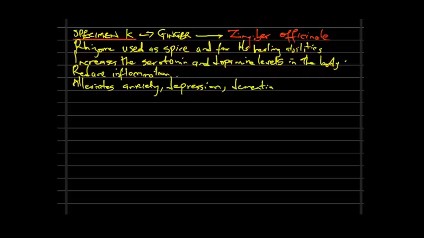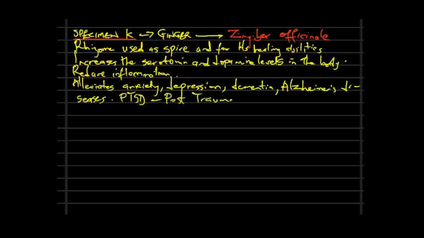It also helps to alleviate dementia, forgetfulness, as well as Alzheimer's disease, or something called PTSD, that is post-traumatic stress disorder. So ginger can help to alleviate all of this.